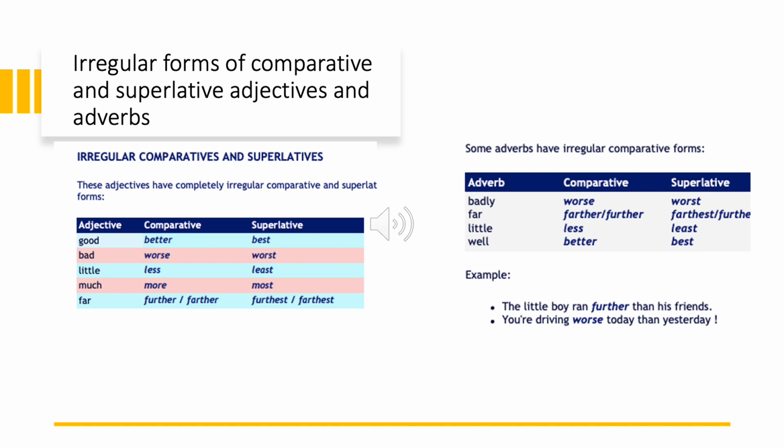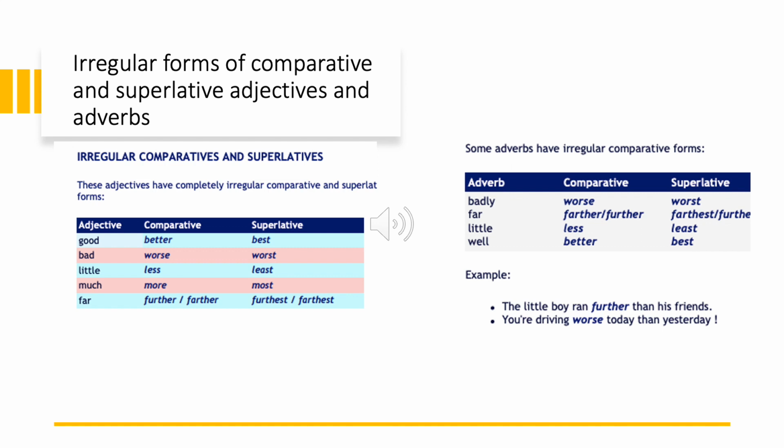When you use an adjective or an adverb to describe or compare two things or two people or two units or two objects, then you use the comparative form. And when you are speaking about more than two or many units or people, you use the superlative degree of comparison.